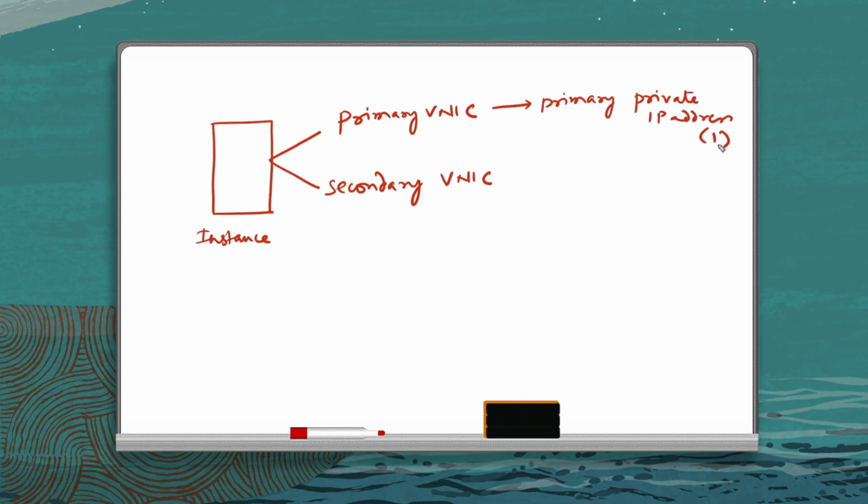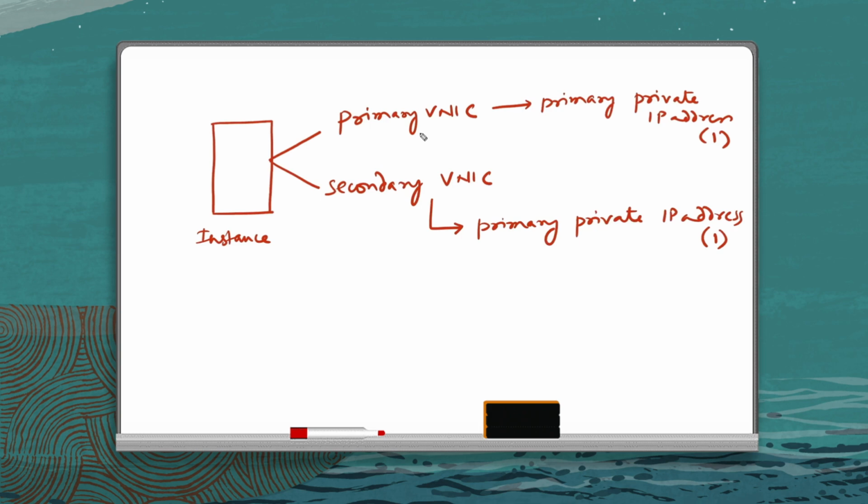You can have one primary private address in a primary VNIC. Similarly, this secondary VNIC, it can also have a primary private IP address. So one denotes the number of primary private IP address. There can be only one primary private IP address, both for primary VNIC and secondary VNIC.